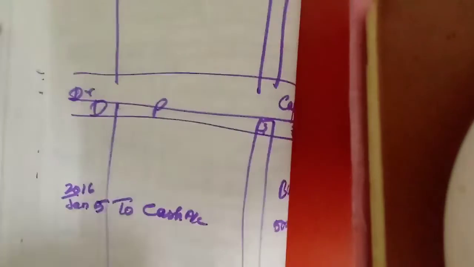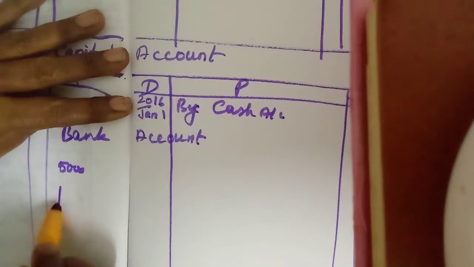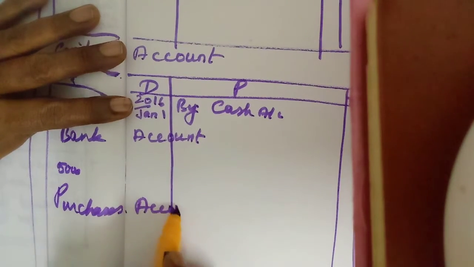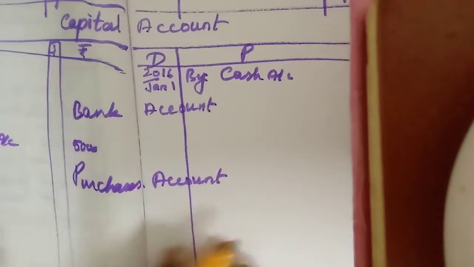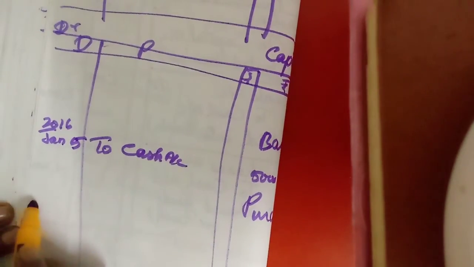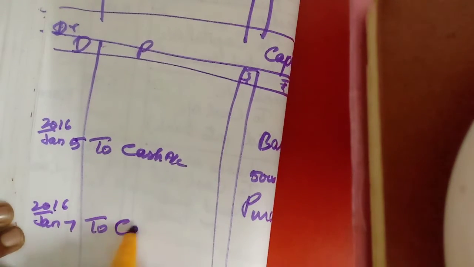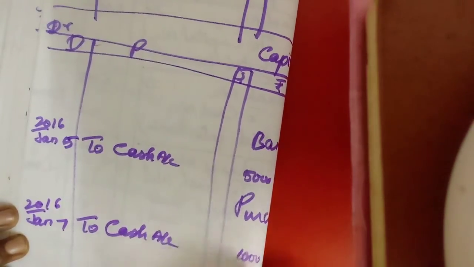Then next one, purchases account. Purchases account debtor to cash, so on the debit side we should write to cash. Date you have to write, 1,000. That's all. We have finished the posting.